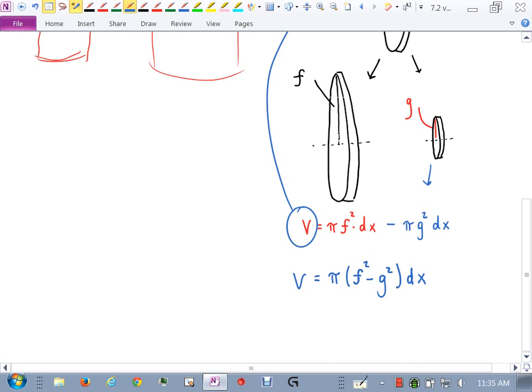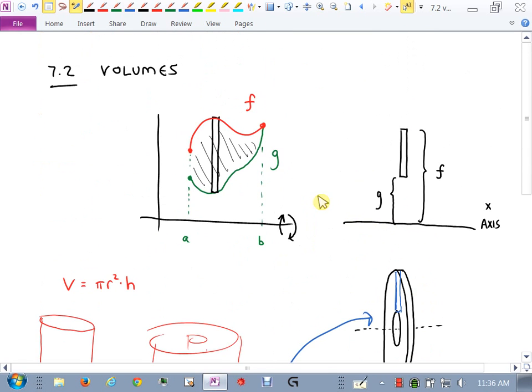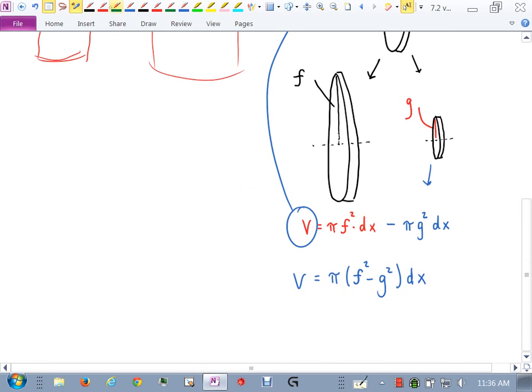If I want the volume of the entire thing, I'm going to add them all up, infinitely many of them, right? And to do that, we use the integral, right? So the total volume of the entire thing wrapped around the x-axis between A and B will be, and this is our final result here, the integral from A to B of this formula right here. But you can pull the pi out because it is a constant.